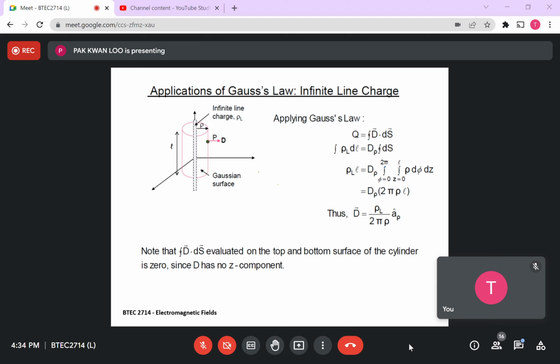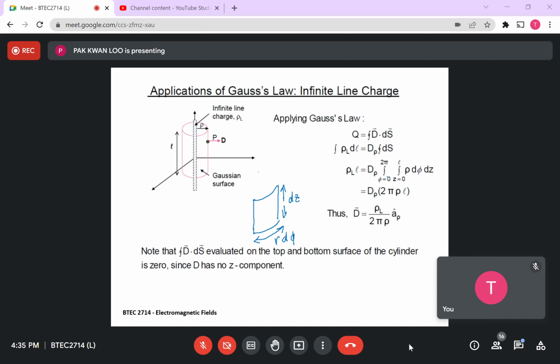The differential surface for a cylinder is dz times r d phi, or rho d phi times dz. The integration variables of interest are d phi and dz.